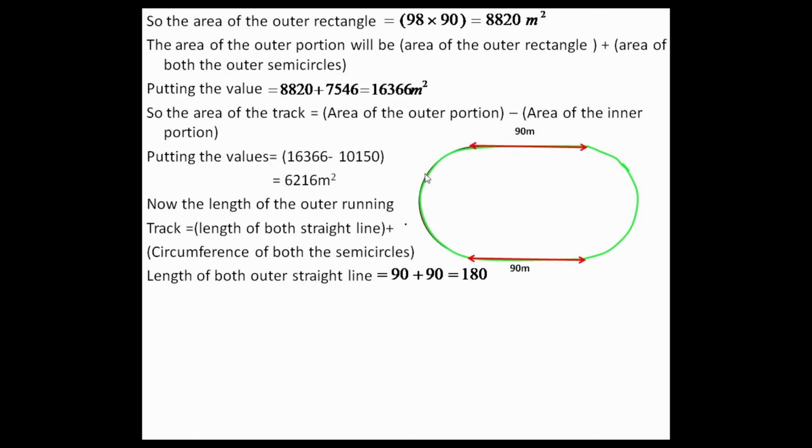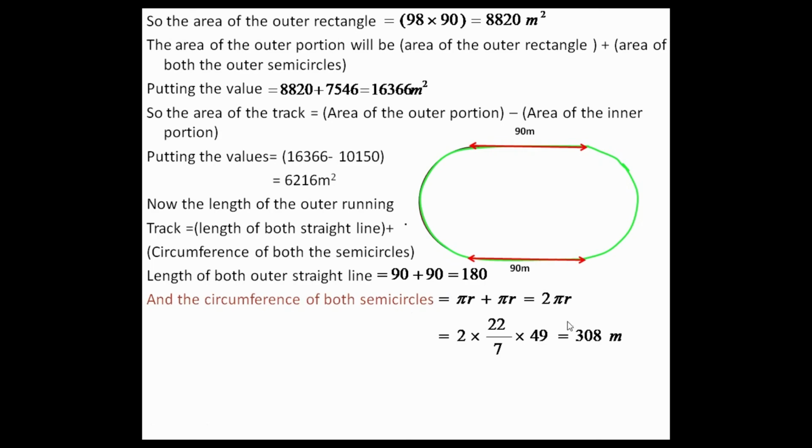Take out the circumference of this green portion. These are two semicircles, and you know that two semicircles add up to a complete circle. So we will apply the formula for the circumference of a complete circle, which is 2 pi r. Radius we know is 49 meter, we have carried it out earlier. Pi value is 22 by 7, and 2, so we get 308 meter as the measurement of this green portion.